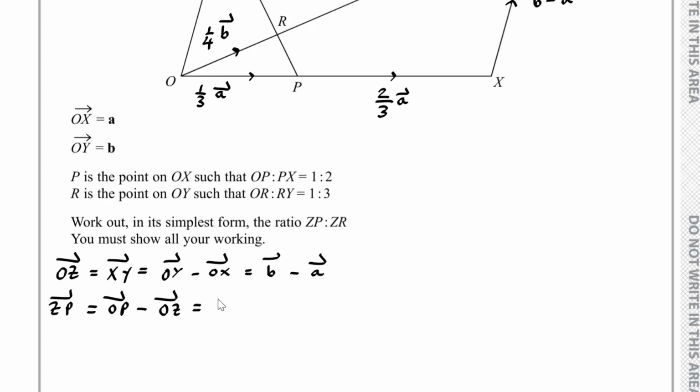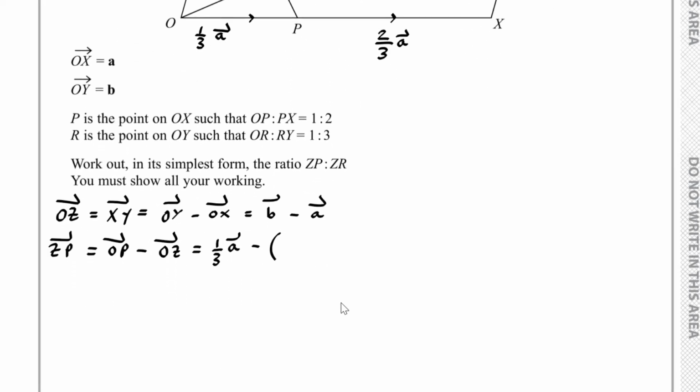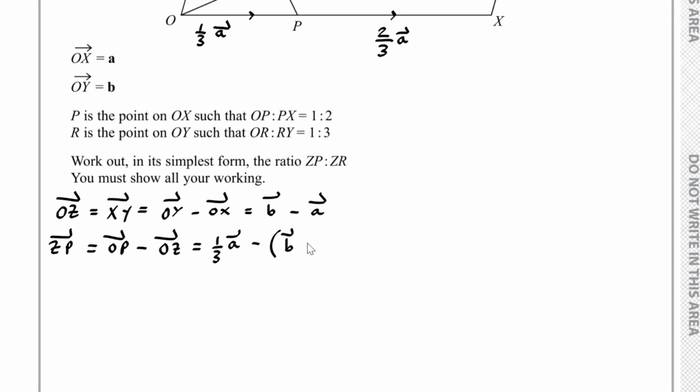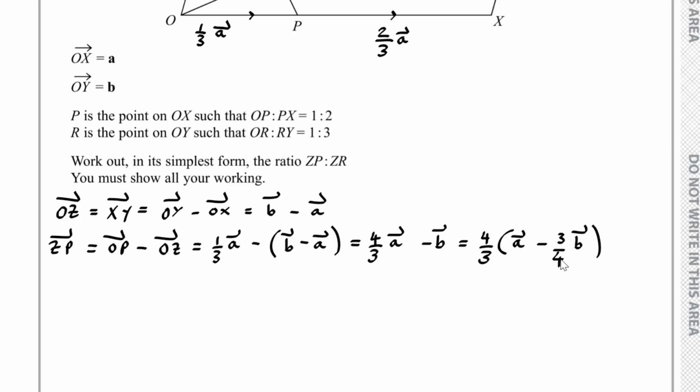So we've got OP, which is 1/3 A, minus OZ, which we've just said is B minus A. So if I tidy this up, 1/3 A plus, because the minus and the minus give a plus, another A, that's going to be 4/3 A. And then we've got minus B. And if I factorize out the 4/3, we've got 4/3 lots of A minus 3/4 B, because obviously 4/3 times 3/4 gives the 1. So that's what ZP is.